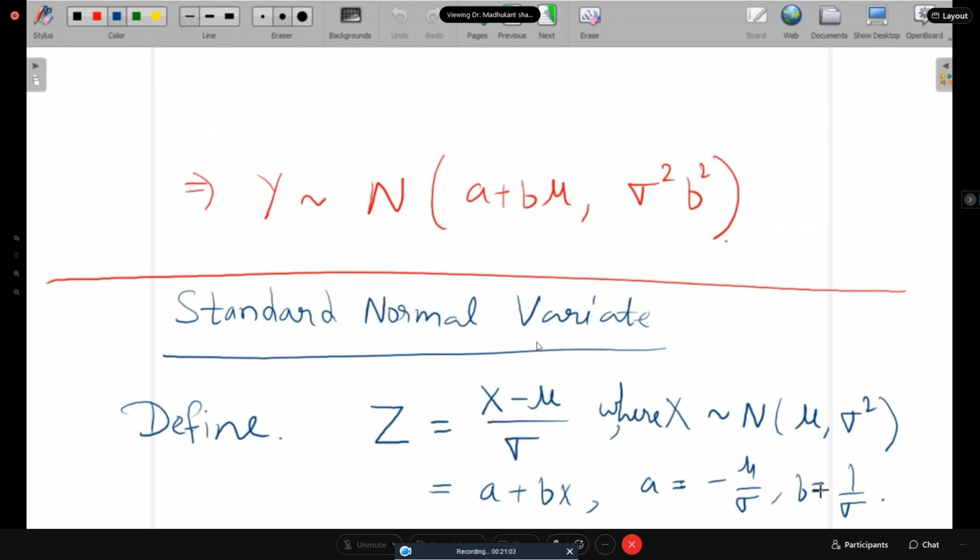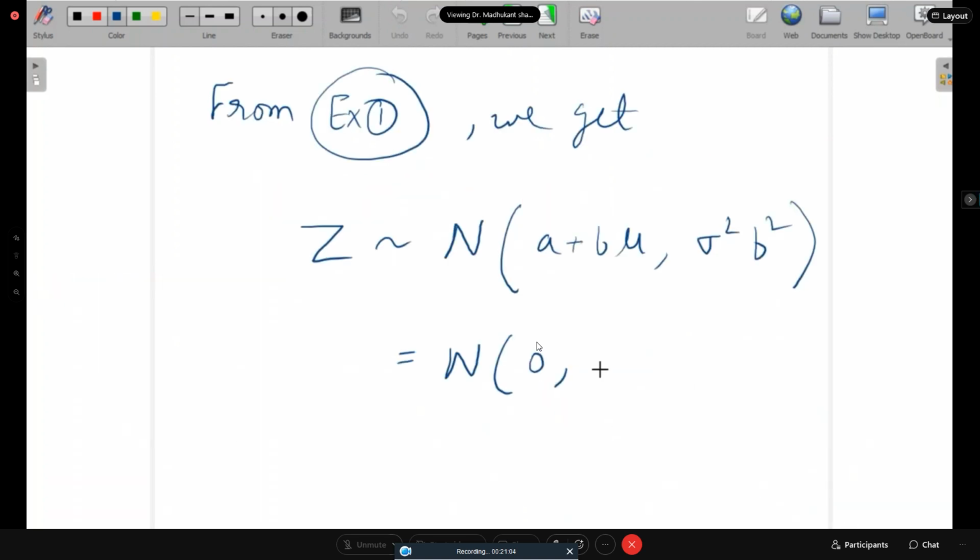And b square is 1 by sigma square, so sigma square times 1 by sigma square is 1. So it's a normal distribution with mean 0 and standard deviation 1, or variance 1.